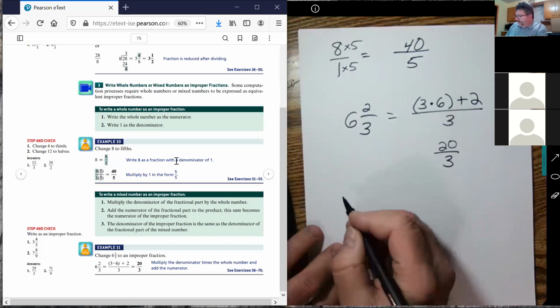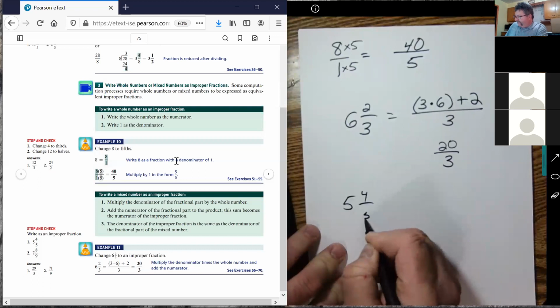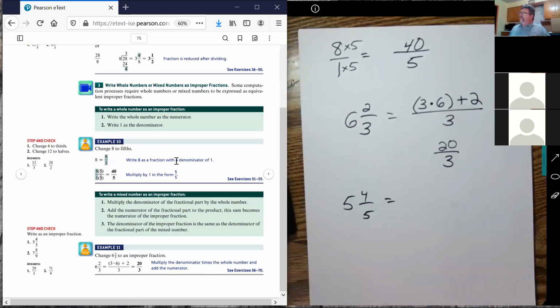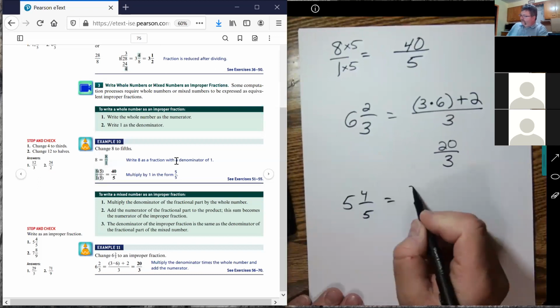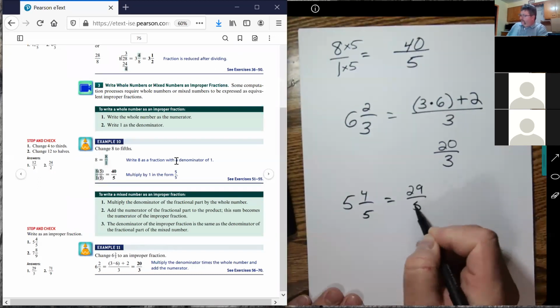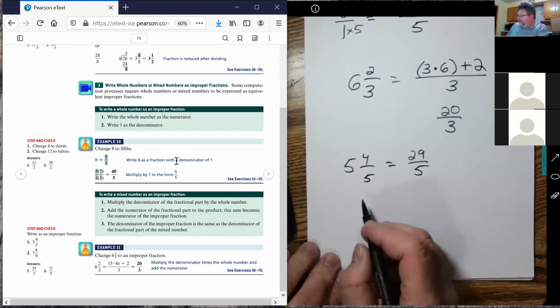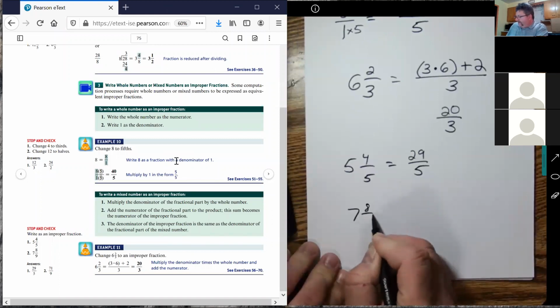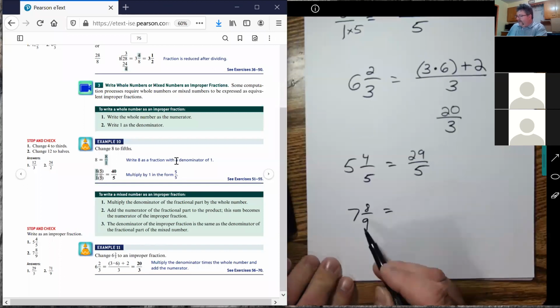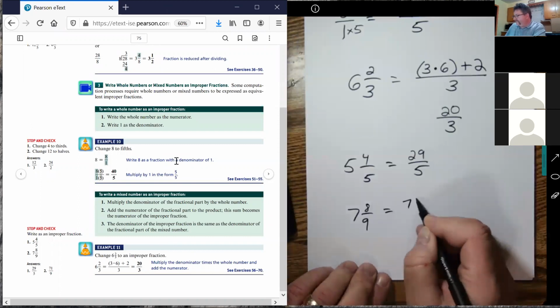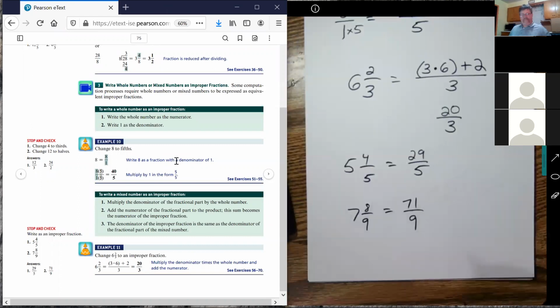Let's do 5 and 4/5. 5 times 5 is 25, plus 4 more is 29/5. Okay, 7 and 8/9. 9 times 7 is 63, plus 8 more is going to be 71 over 9.